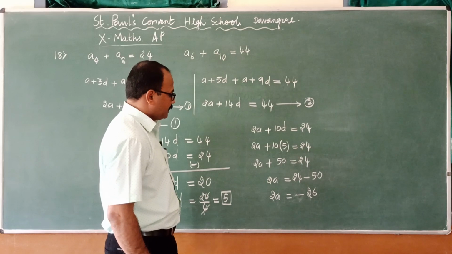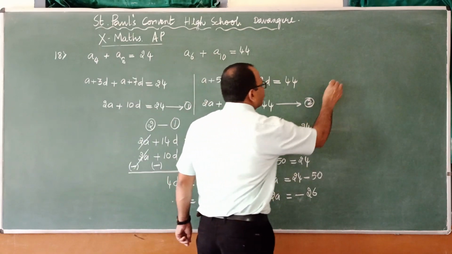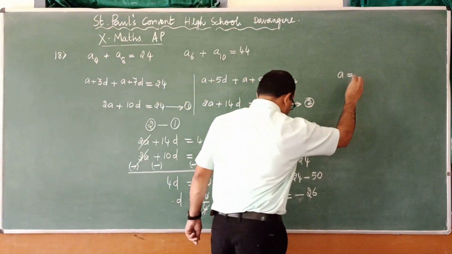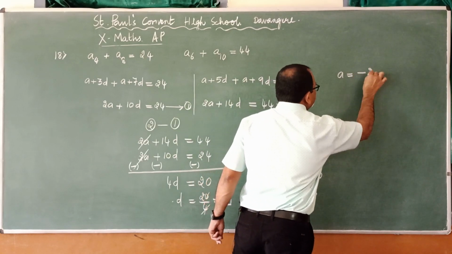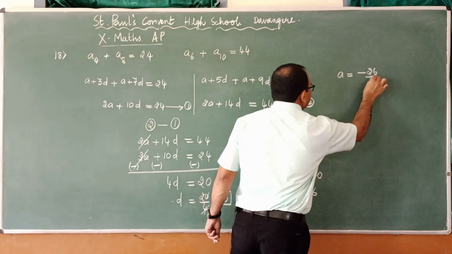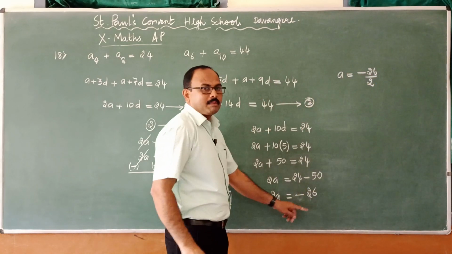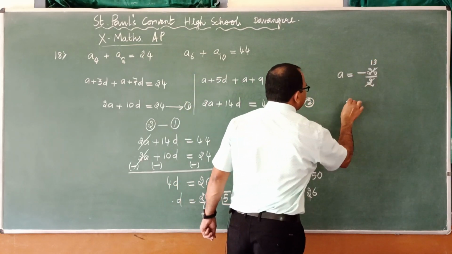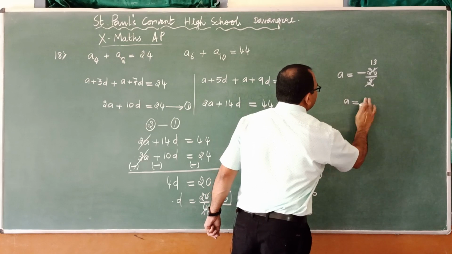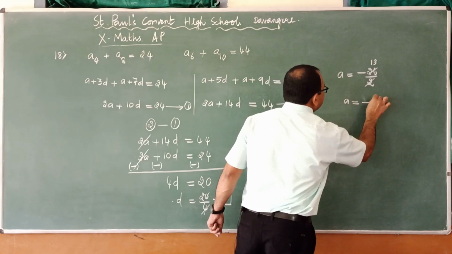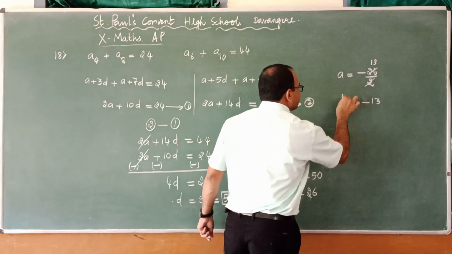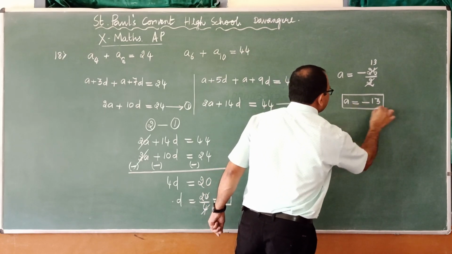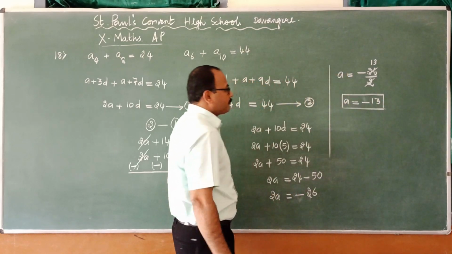Next, a is equal to minus 26 by 2, by cross multiplication. The 2 cancels 13 times. a will be equal to minus 13, children. Please remember to write down the sign.